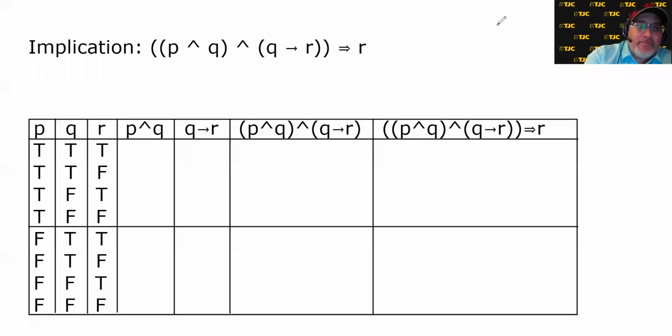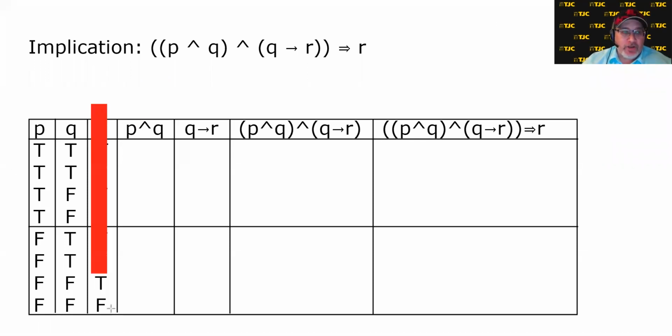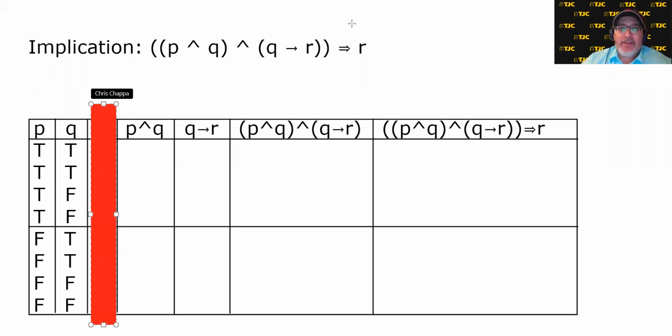Okay, first column. This one's easy. It's a conjunction. The rule for conjunction is it's true when all of it is true. So we have to look at each row and see when is P and Q true. Now, we don't need the R in this one, so I'm going to cover it up for a moment. And then in each of the rows, we need to find the rows that follow the rule for conjunction, which is all of it's true.